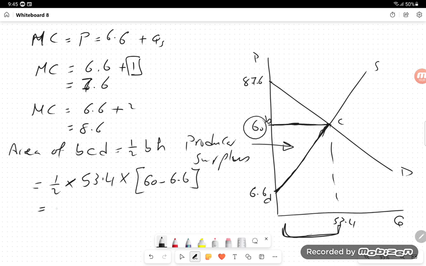So in this case, producer surplus will be 1425.78.